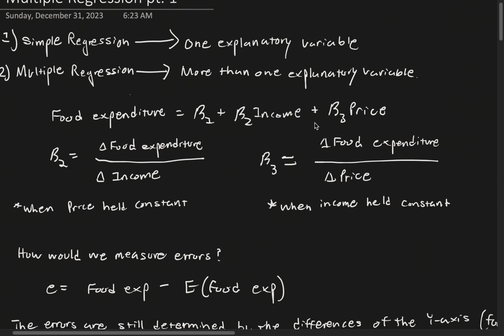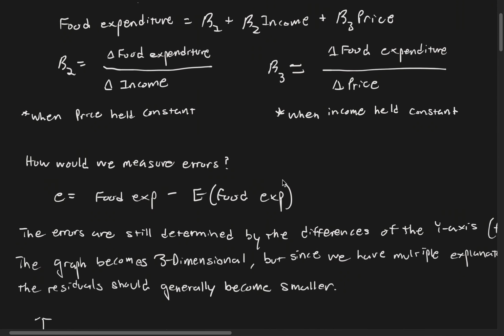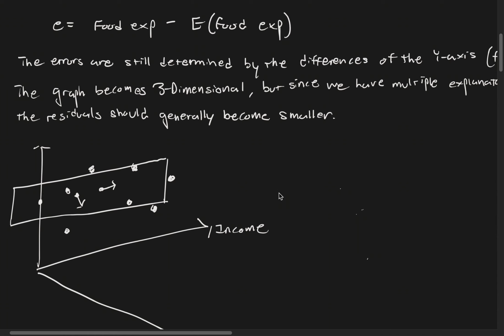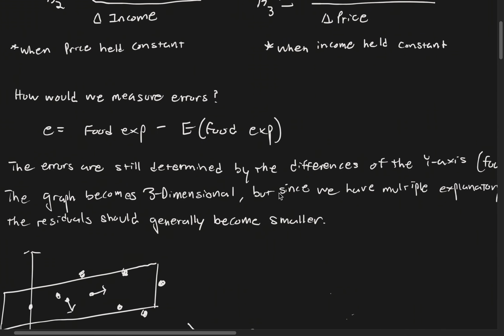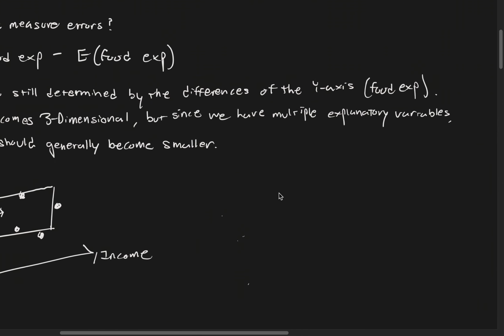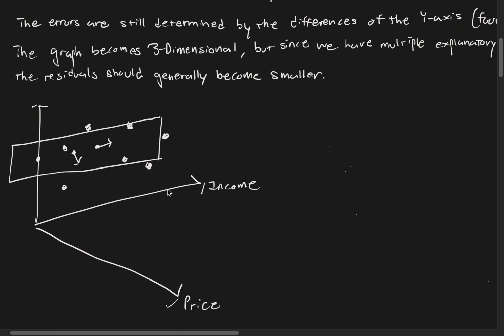When we're measuring errors, we found out how to do that in the simple linear regression just by using the sum of squared errors. And in the multiple regression, we would do pretty much the same thing. So it's still determined by the difference on the y-axis, in this case food expenditure, but this time the graph becomes three-dimensional.